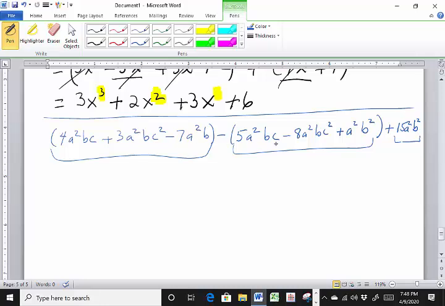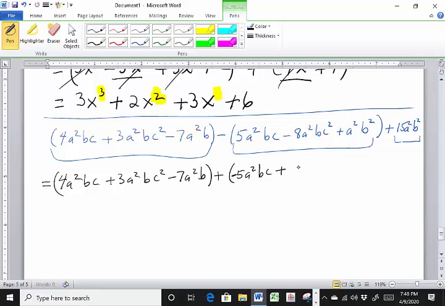So for this subtraction, remember we are going to write this as adding the opposite. So this is going to equal, rewrite, I'm just going to rewrite all this. Then adding the opposite: minus, right?